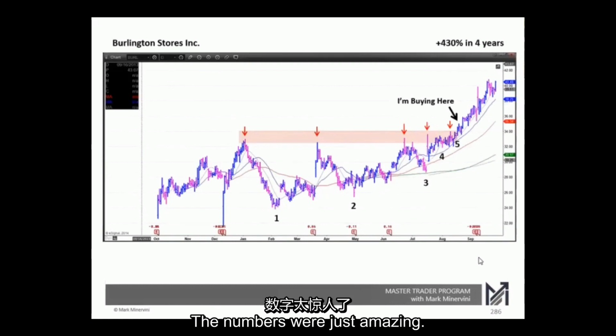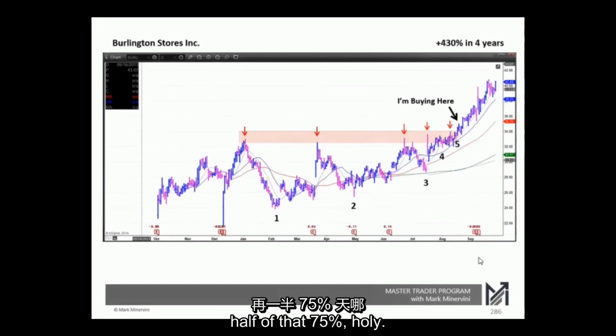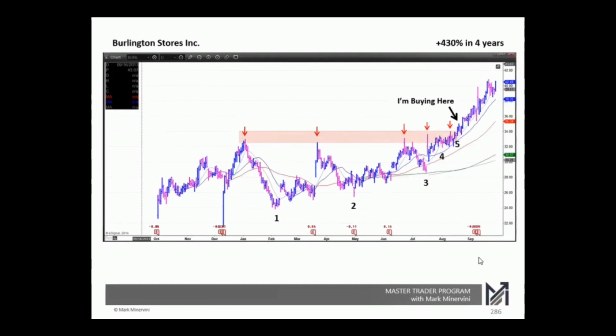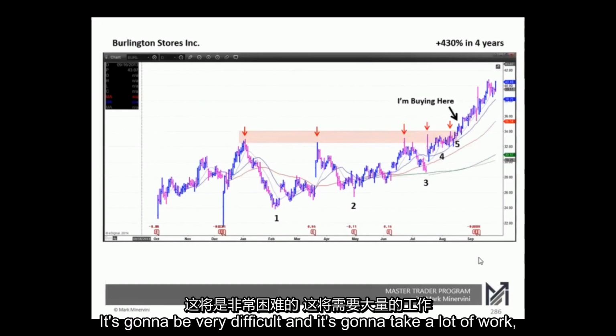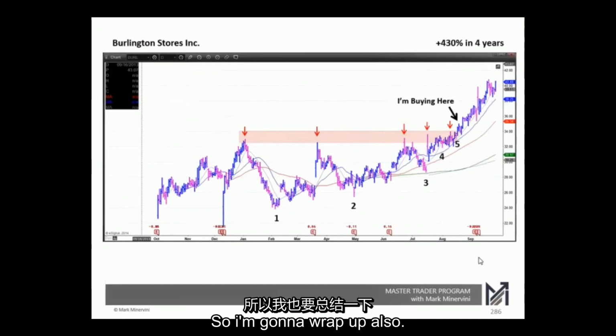The numbers were just amazing. Okay, let's just say I do half of that, 125%, half of that, 70%, 75%. Holy cow, this is really something else, almost like it's too good to be true. Well, it's not too good to be true. It's going to be very difficult, and it's going to take a lot of work, but we're giving you a big head start here. So I'm going to wrap up.